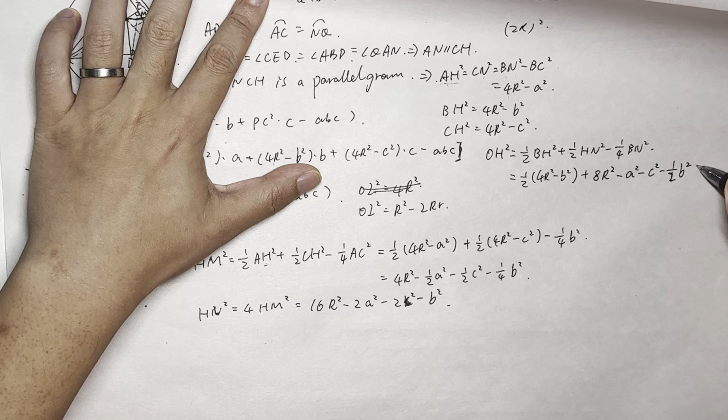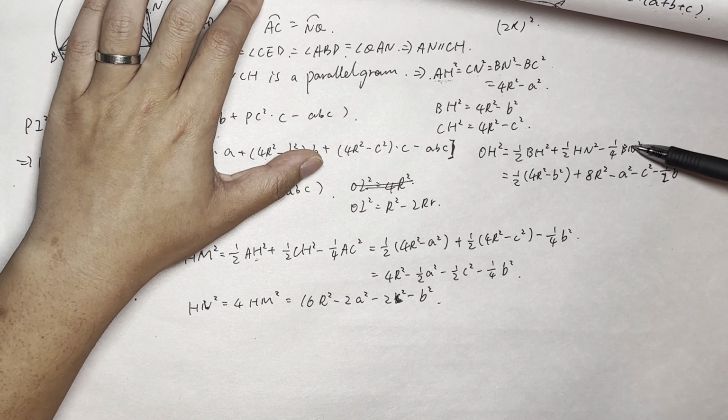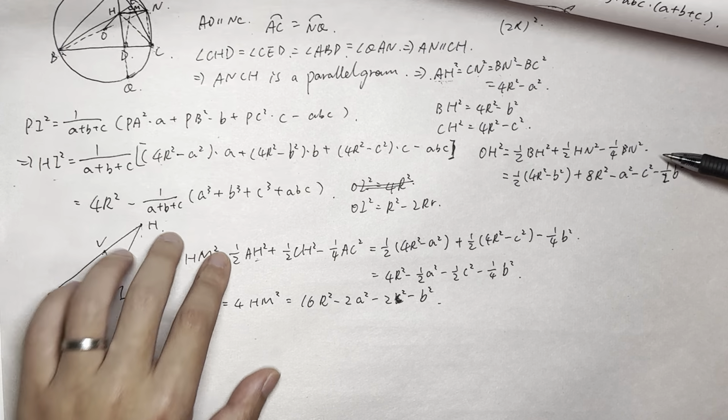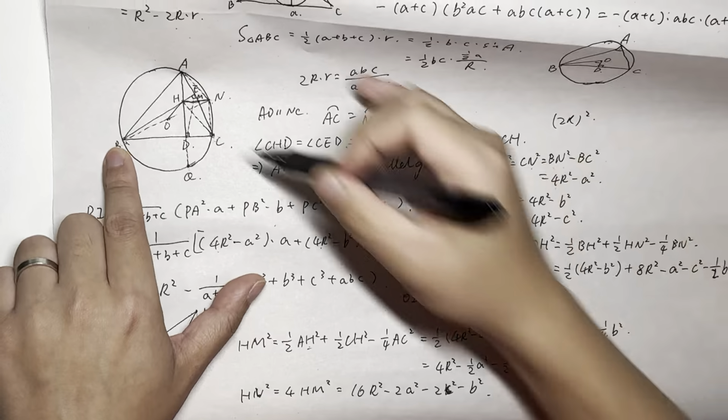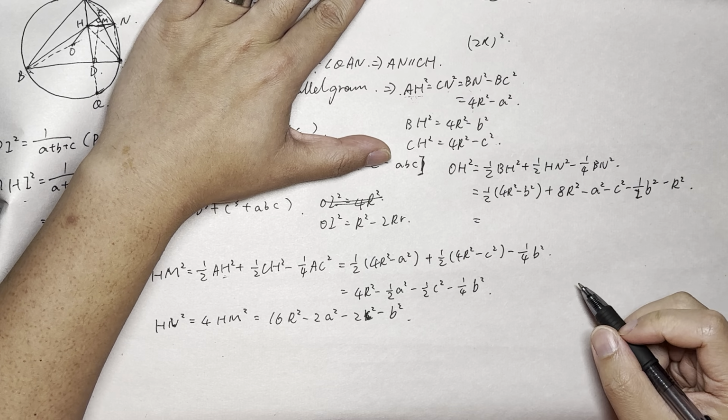And we want to minus quarter of BN squared. BN is the diameter, which is 4R squared, right? Quarter of 8, that is R squared, right? So this equals 2.